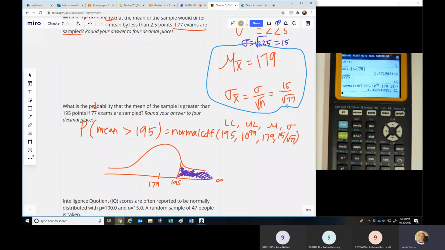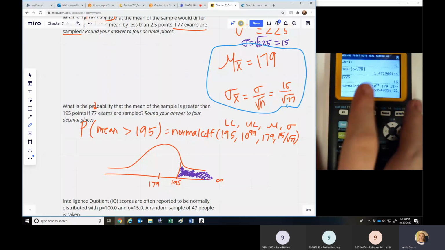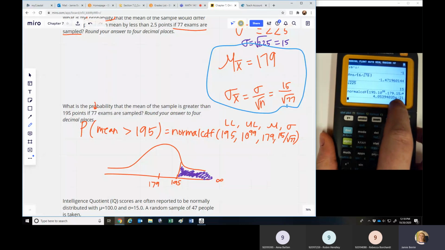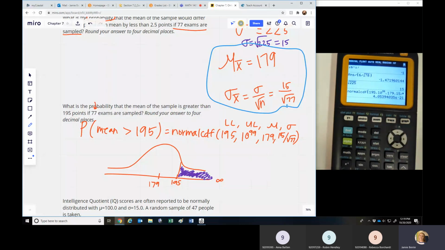Oh my goodness. Of course, since I made this up, it's a terrible answer. So we remember what this means, right? When you have this little E show up at the end, that means you're going to move the decimal either to the left or to the right. This number is negative, so we're going to move it to the left.